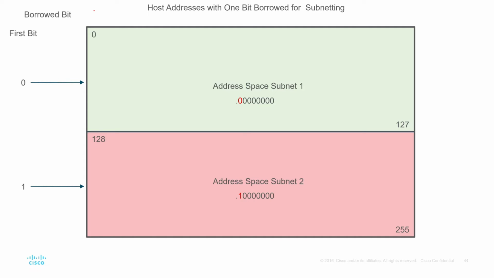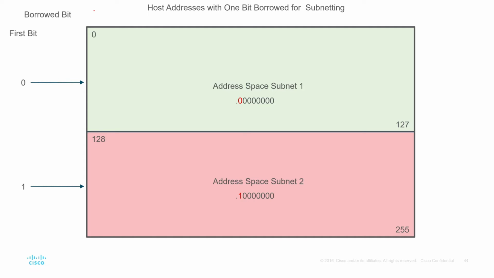So it is the first bit on the left, as you see here in the red. And we have now created two equal sized groups, 0 through 127, that is the network through the broadcast, usable addresses 1 through 126. And a second group, 128, which is the network, to 255, which is the broadcast.